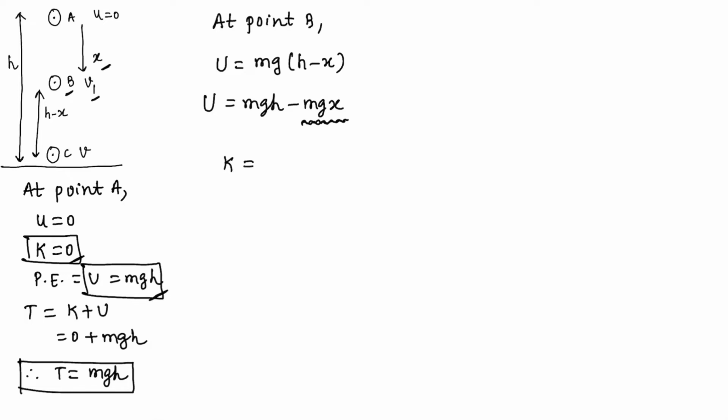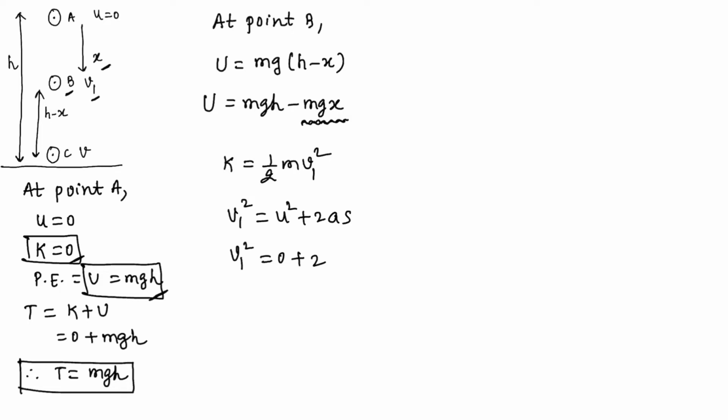Kinetic energy is equal to half m v squared, or half m v1 squared at point B, because we have considered velocity v1 at point B. But we know that v1 squared is equal to u squared plus 2as. Initial velocity is 0, so v1 squared is equal to 0 plus 2.